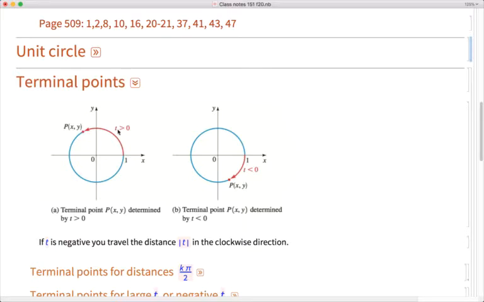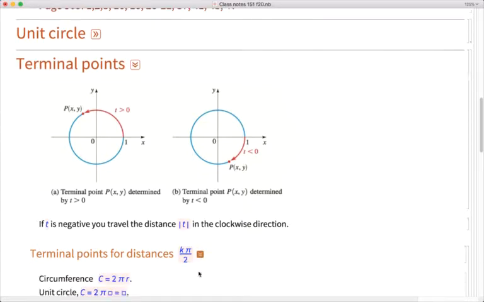It's important to think of t as being a distance, how far you walk along the unit circle. If t is a negative number, instead of going counterclockwise, we go clockwise. We travel a distance of absolute value of t, but in the clockwise direction.